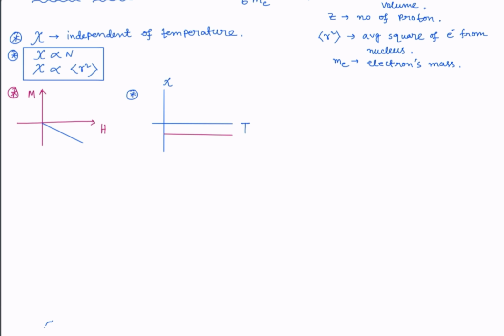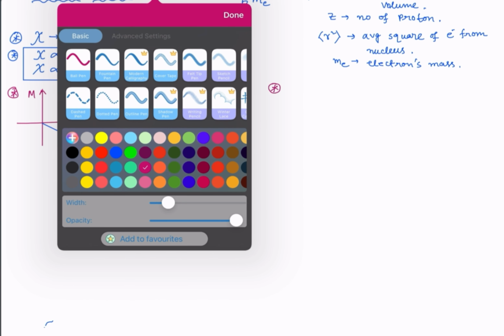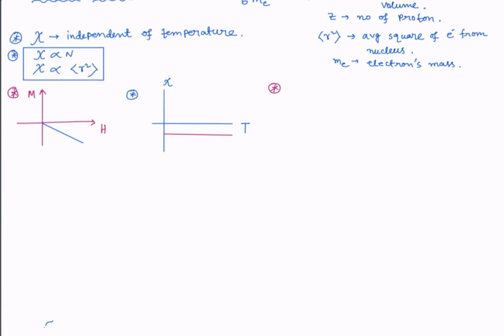Next, we draw 1 by chi versus temperature curve for this diamagnetic material, which will look like this.